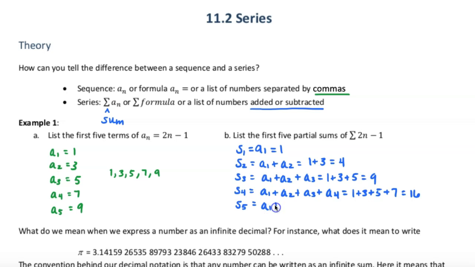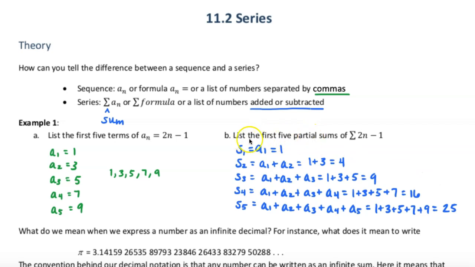I'm just adding A1 through A5, which is 1 plus 3 plus 5 plus 7 plus 9. I know 16 plus 9 is 25.